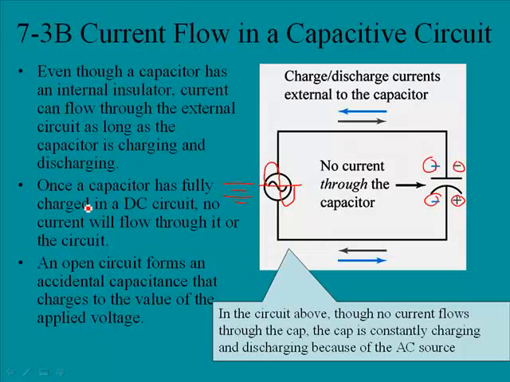Another point of discussion concerning movement of current: an open circuit forms an accidental capacitance that charges to the value of the applied voltage. Now you may recall when we looked at DC circuits, and you may recall that we connected components up, and I'm going to put in a few resistors here.